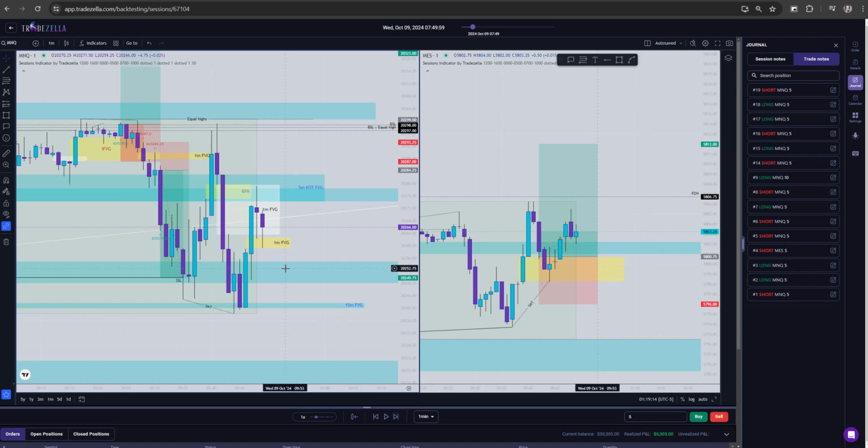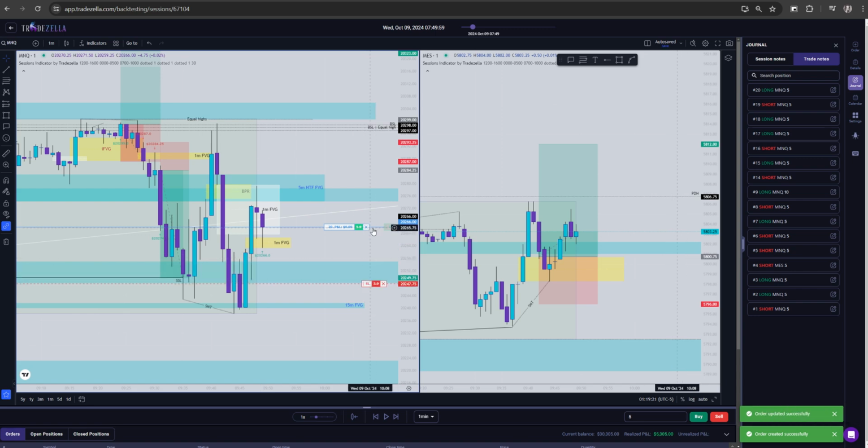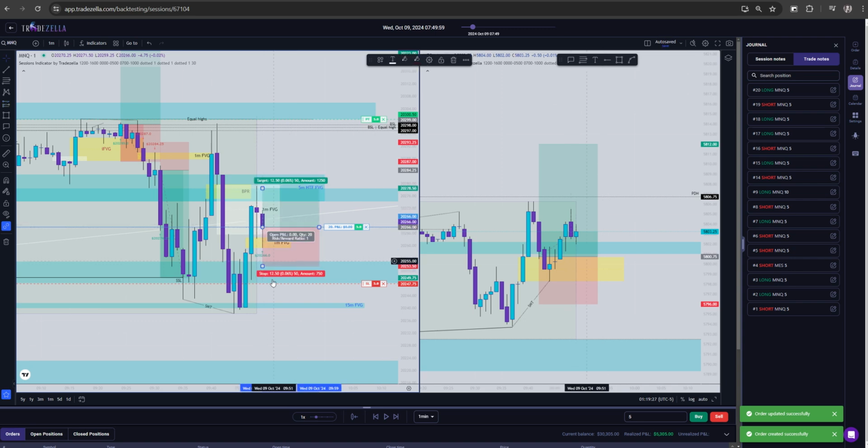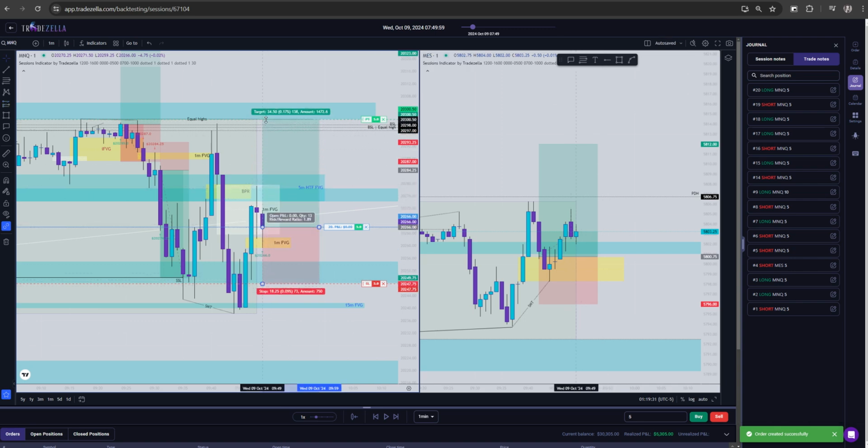I feel like this is a good trade right here. So below here, and then target equal highs right there. That looks like a nice trade. Boom, boom, boom, boom.